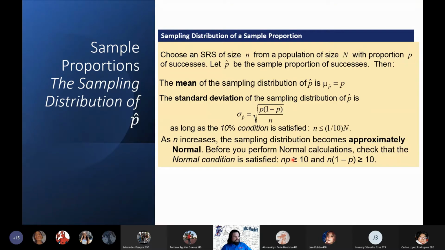We need to make sure that the number of successes is greater than or equal to 10, and the number of failures is greater than or equal to 10. This condition only applies to sample proportions when we're talking about sampling distributions. We have to check that large counts condition. So these are the formulas we need.